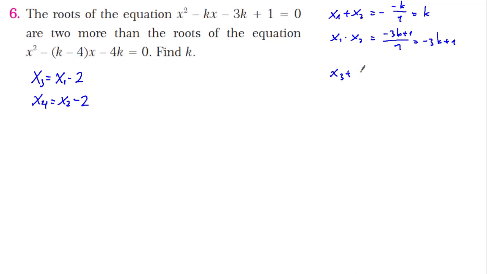From the second equation using just Vieta's theorem, you get minus b, which is negative k minus 4 over a, which is 1. So it's just k minus 4. And x3 times x4 is, well, c over a, that's negative 4k over 1. That's negative 4k.